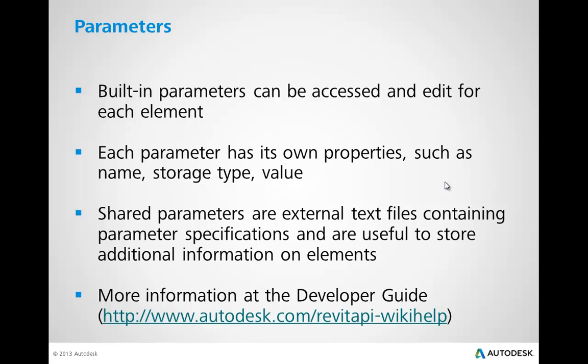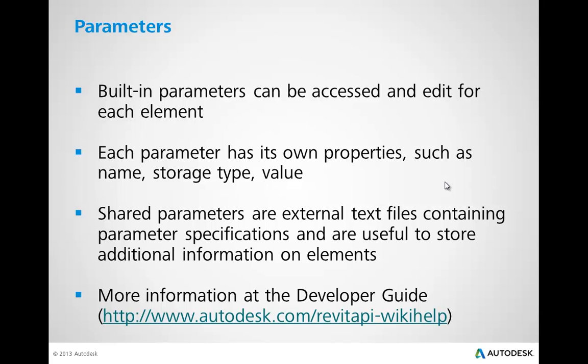Each parameter has its own properties, such as name, storage type, and value. Other types of parameters like shared parameters are defined in an external file and used inside Revit, but they belong to the same collection. You can have more information about the parameters at the Wiki help available at the link you see on the screen.